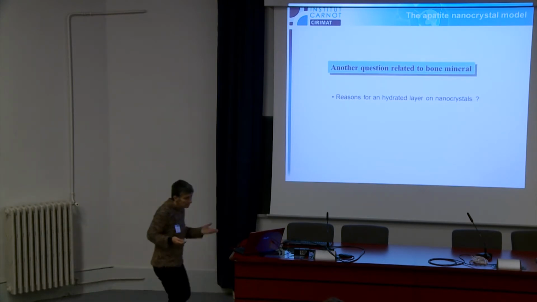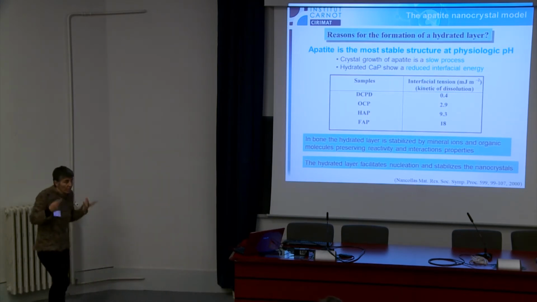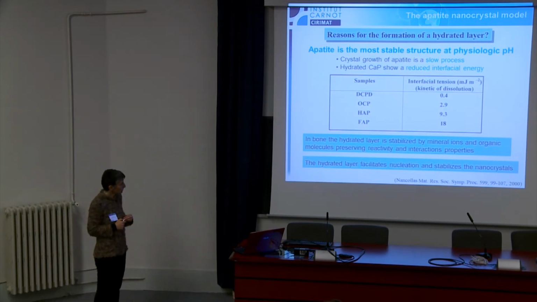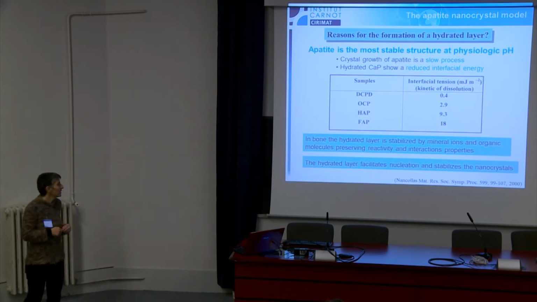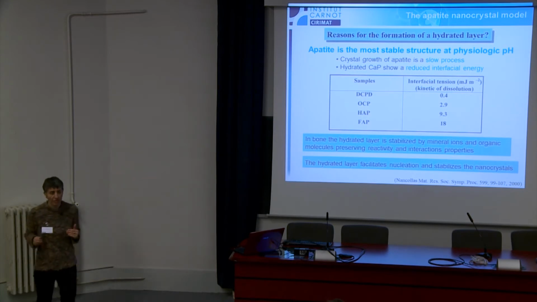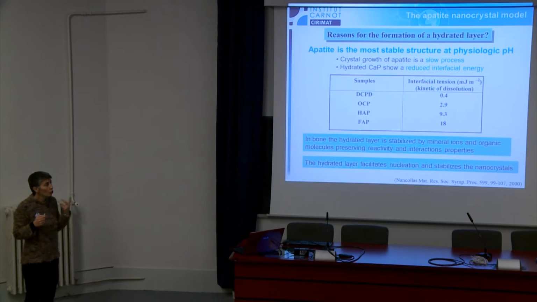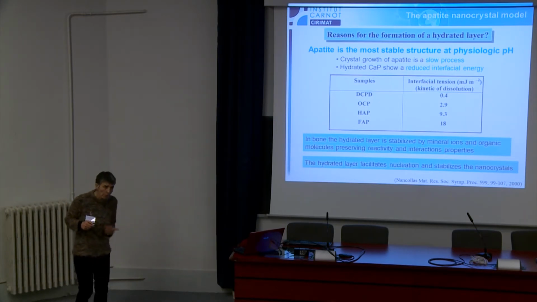Is there some interest in suggesting this kind of conception of crystals? So an example, just to talk a little bit about the precursor we talked about at the beginning of this presentation. Apatite is the most stable structure at physiological pH. However, the crystal growth of apatite is very slow. It's a very slow process.